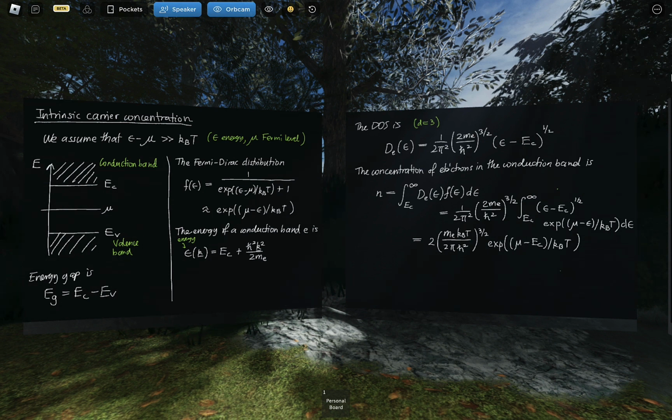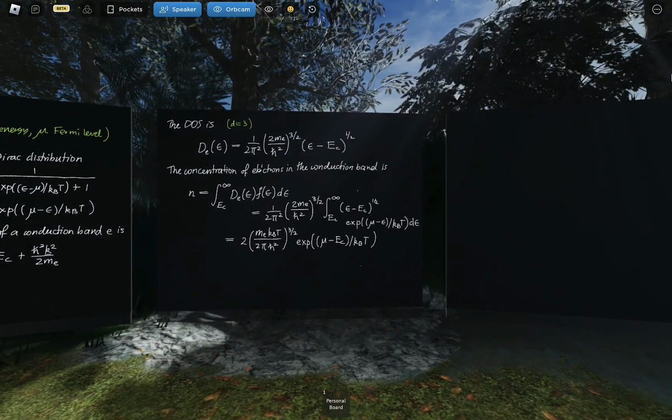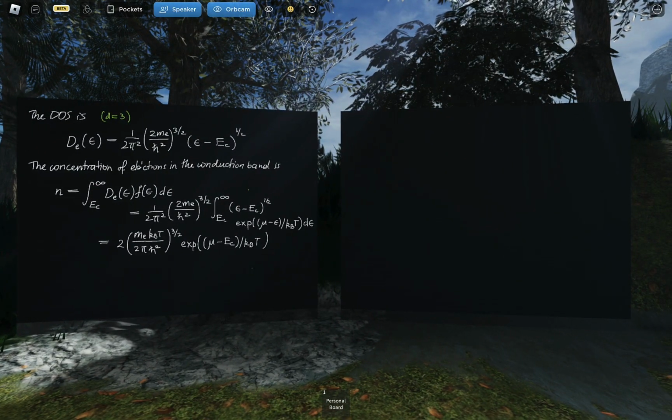Now we can do a similar calculation for the number of charge carriers in the valence band. So it's basically the same. I'll just sketch how that goes. Okay, the equilibrium concentration of holes. The holes have an effective mass that you could derive.